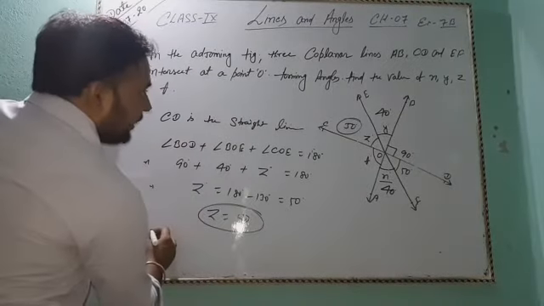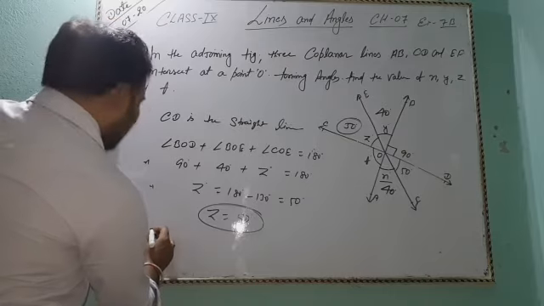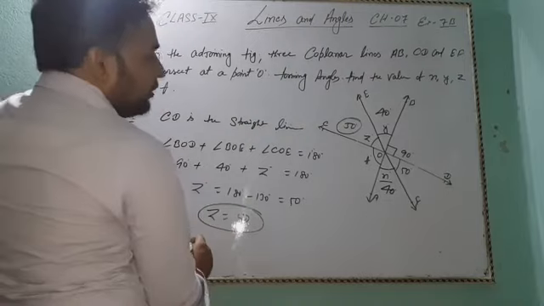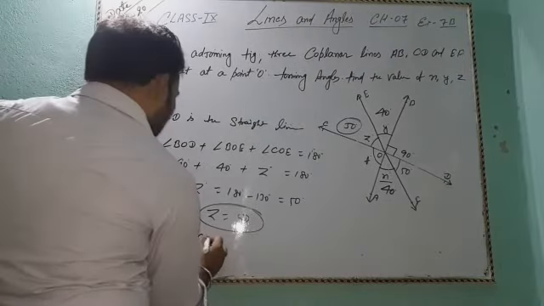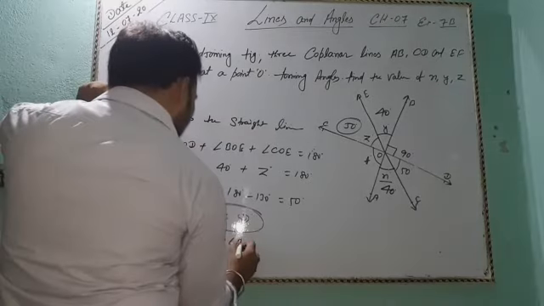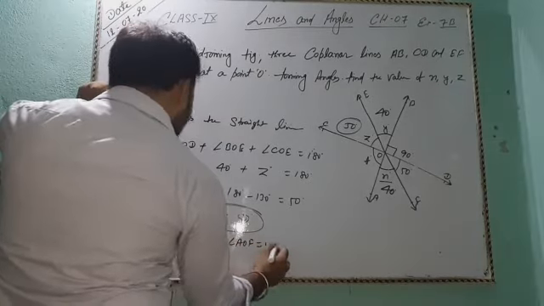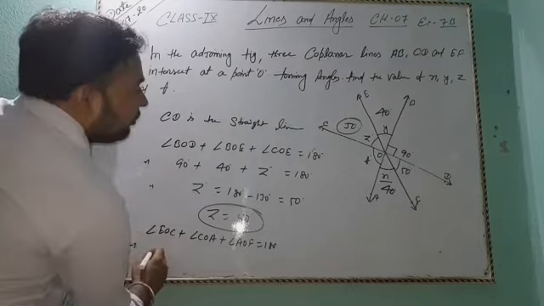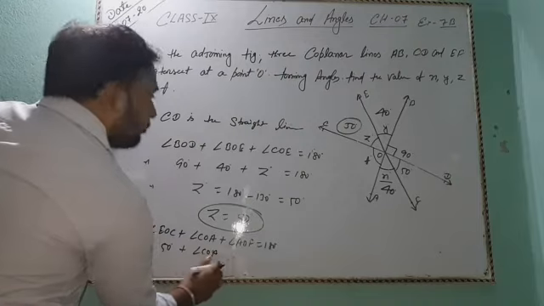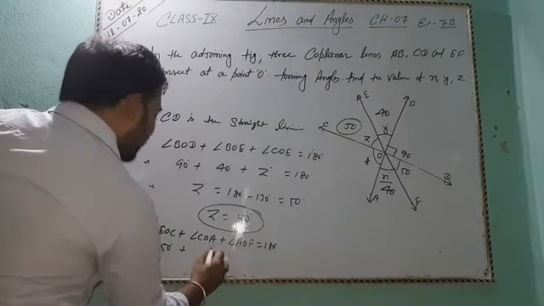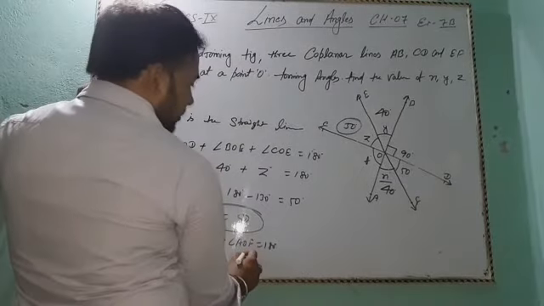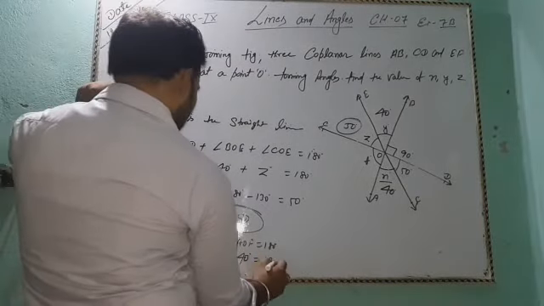So we write angle EOC plus angle COA plus angle AOF equal to 180 degrees, and EOC equals 50 degrees, and COA equals T degrees, and angle AOF equals 40 degrees. So T plus 50 plus 40 equals 180 degrees.